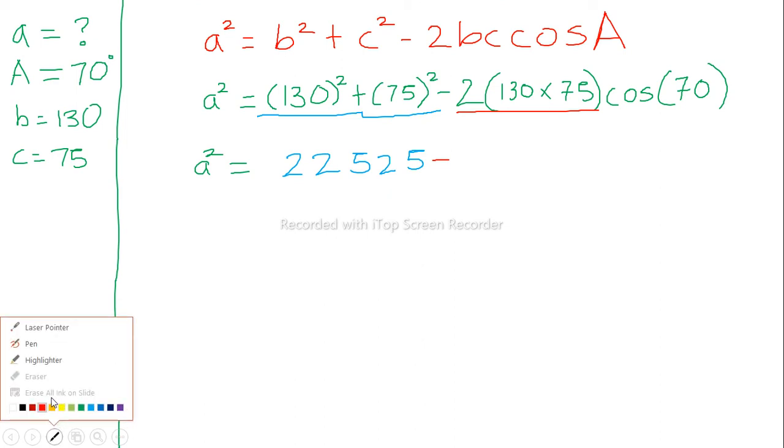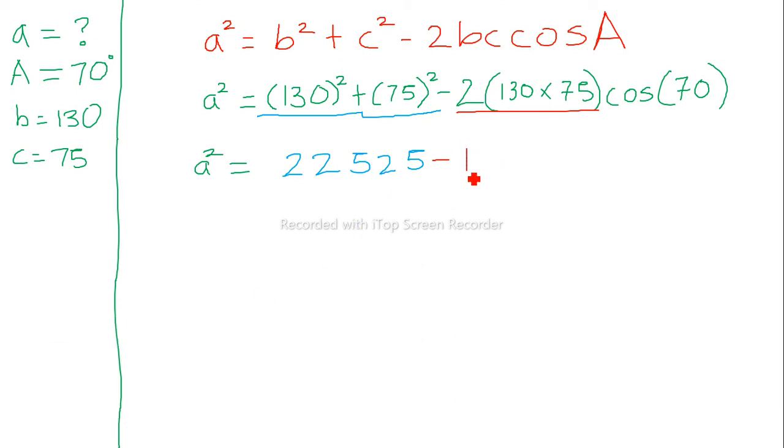Then cosine of 70, so we still write that down.